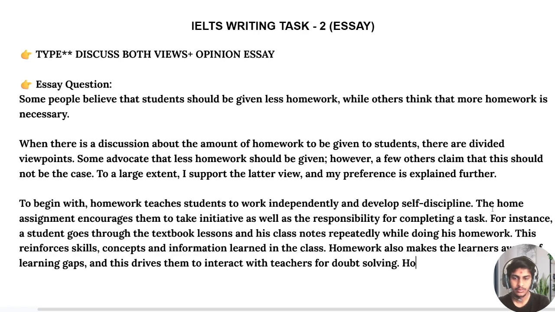So home assignment is the most effective method to include the practice of self-study.